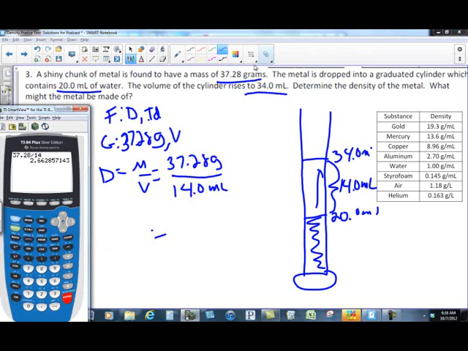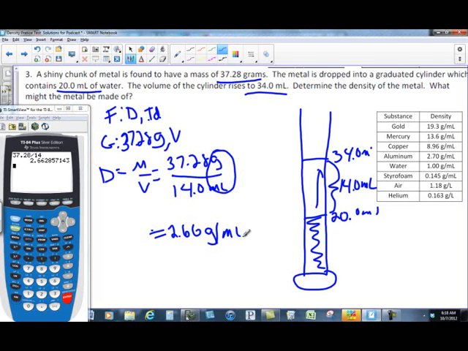Let me see, I got 4 sig figs, 3 sig figs, so I want 3 sig figs, so it's going to be 2.66 grams per milliliter. I want these units, right? Grams over milliliters. The question, what metal might it be? So let's see, we've got aluminum, copper, mercury, and gold. It is definitely close to aluminum, so we believe this is aluminum.